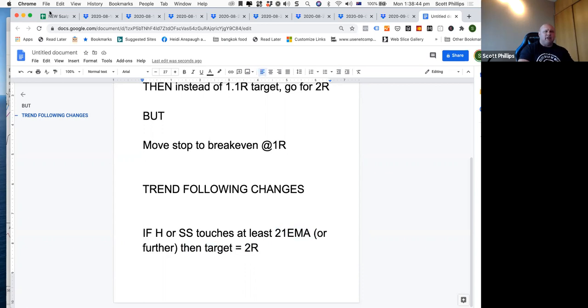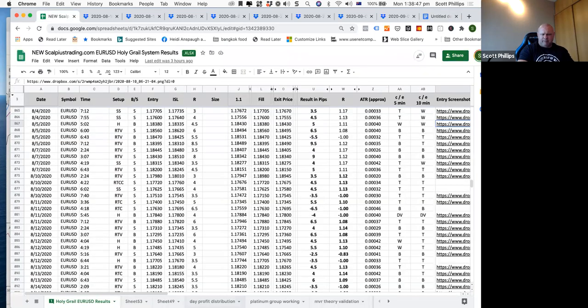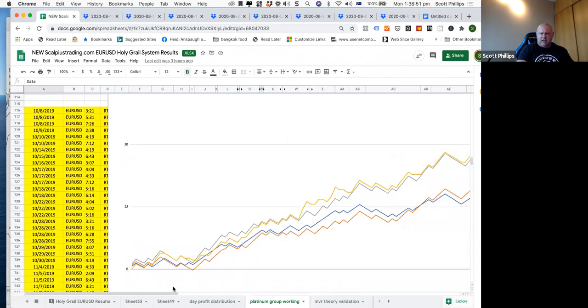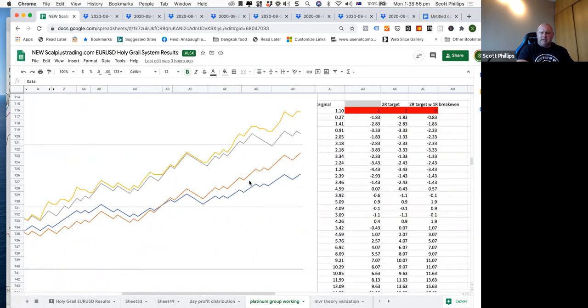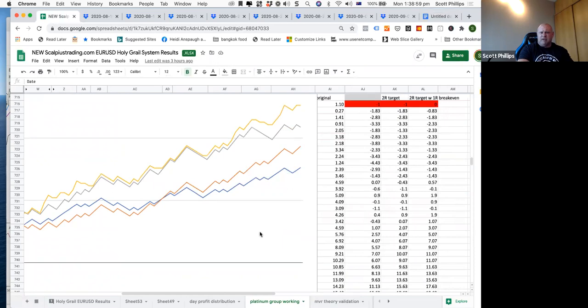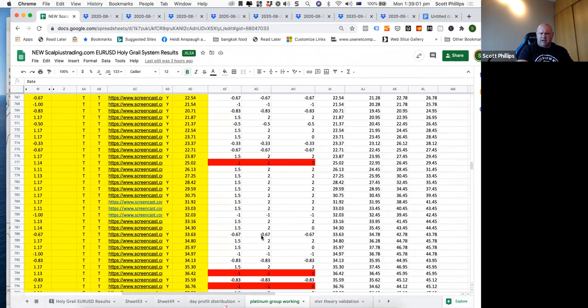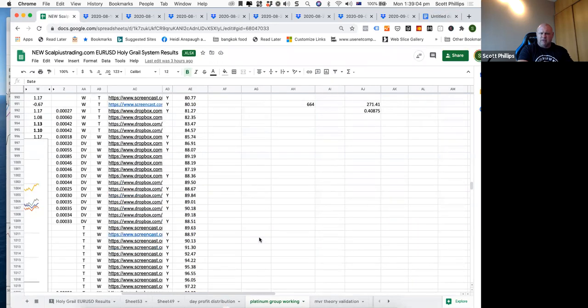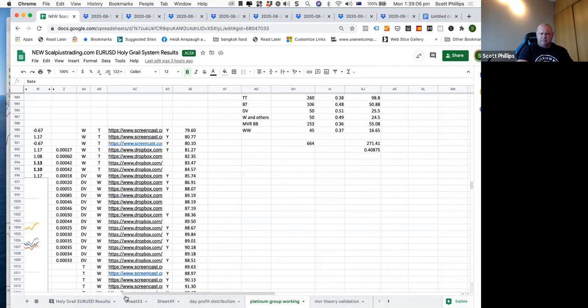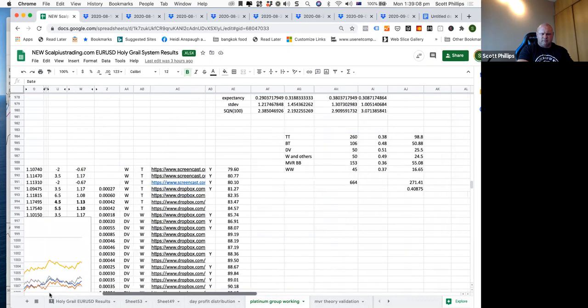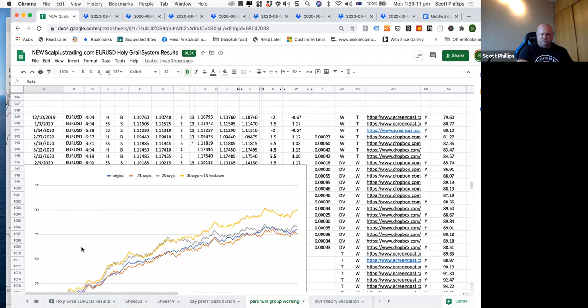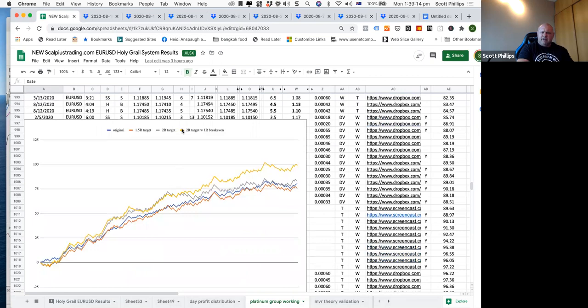And let's take a look at the benefits of them. They're massive. This is the old equity curve. This is the new equity curve. We're talking about, let me find some more solid numbers. So this blue line is the original, which is down here.